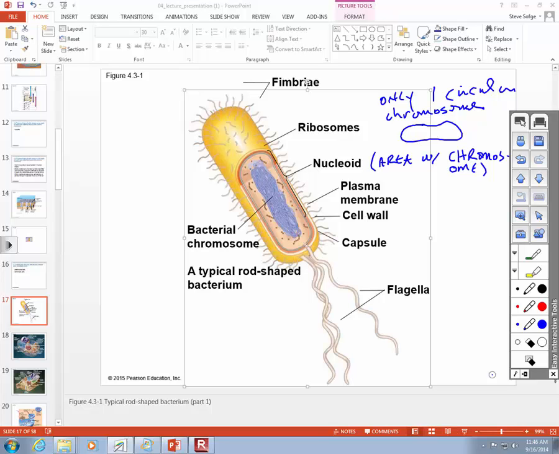The nucleoid is just wherever the chromosome is located. So if that chromosome, that pile of spaghetti, were to move over here, that area would be called the nucleoid. But if it's sitting right here, that area is called the nucleoid. So to me, that's one term in biology that I find totally, completely useless. It's wherever the DNA is floating around.